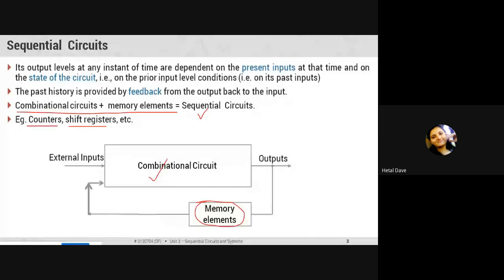But right now I don't know what a memory element is. So the first part of the chapter is the memory element named flip-flop. This is not yet learned. Right now we are going to learn the memory element. Once the memory element is covered, then we will design counter and register.